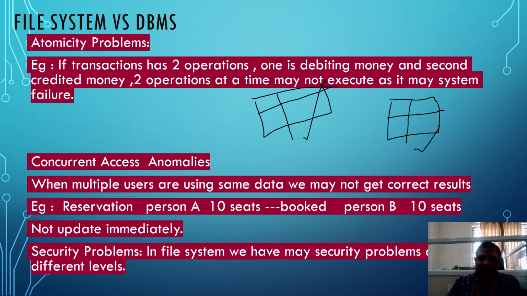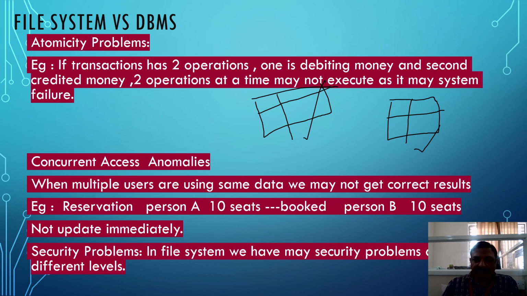Automatically the same amount is not reflected in my bank account. That means the transaction is done successfully there, but it is not showing here. That is why, when 2 or more operations happen at a time, there are atomicity problems. That means it is not reflected.